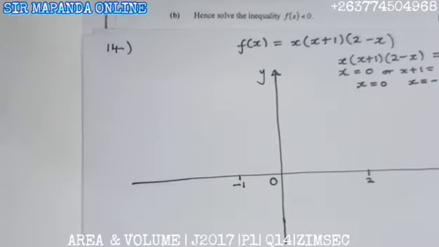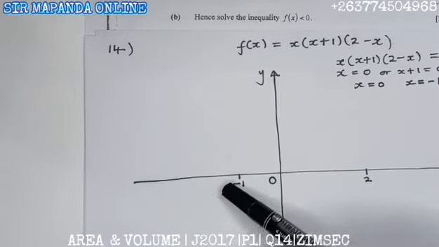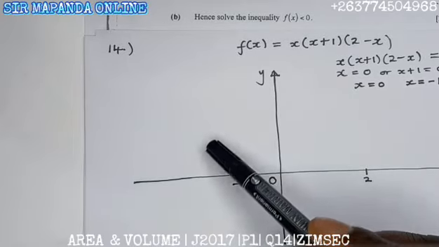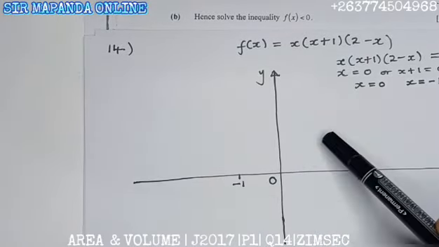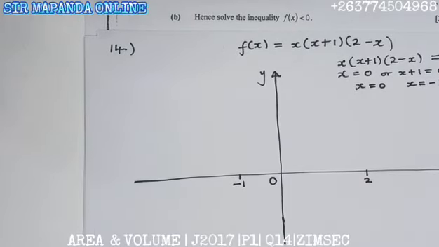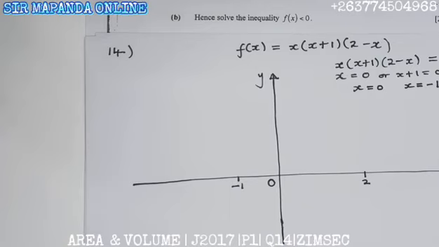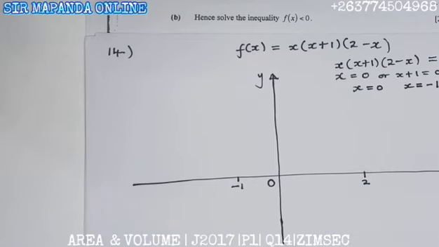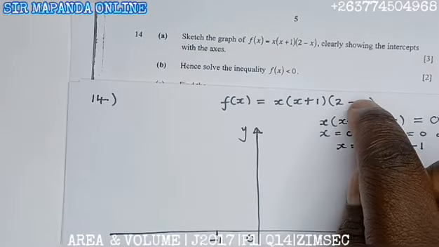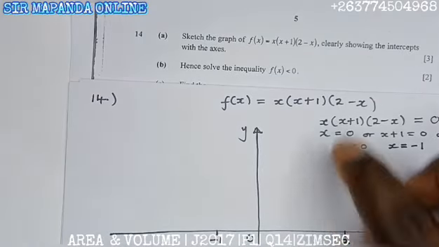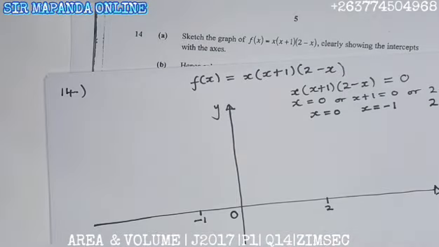So it's either your graph is going to come like this, or it is going to come like this. So it depends. If you do the testing approach, you can choose a number like 1. 1 lies between 0 and 2. So if we put 1 on x, if we get a positive, it means we have a curve upwards. If we get a negative, we have a curve below.